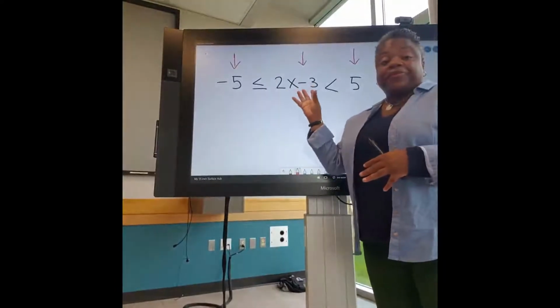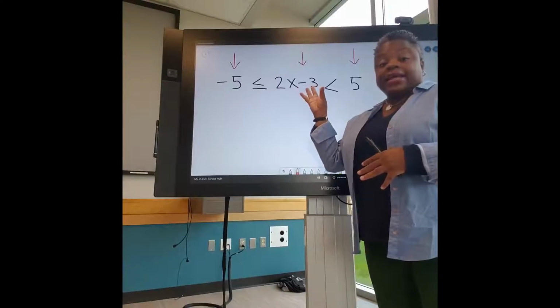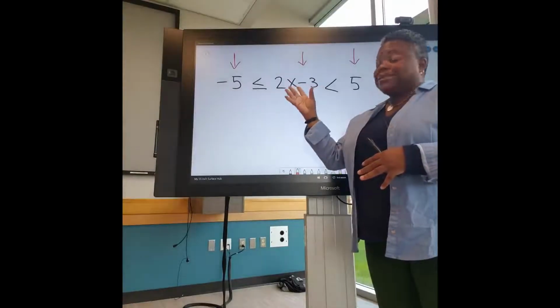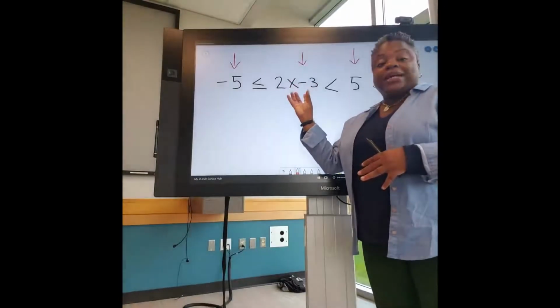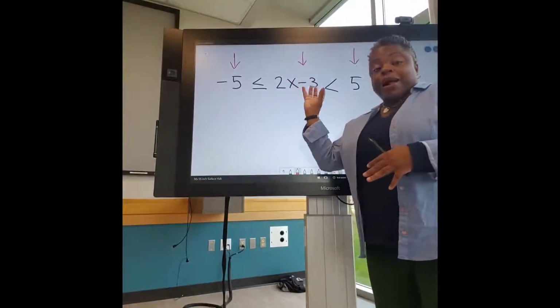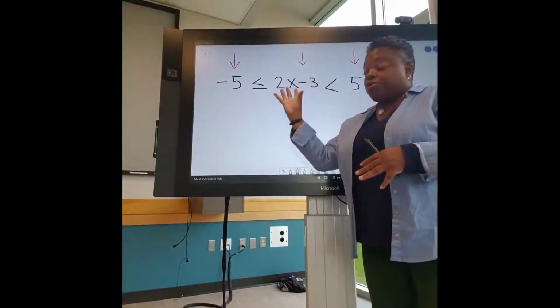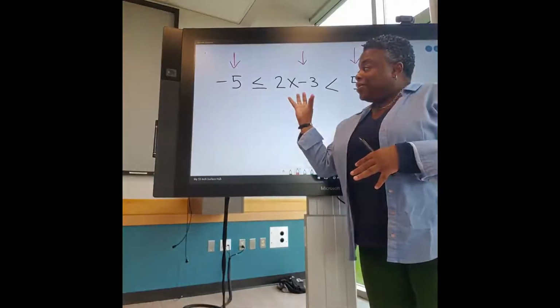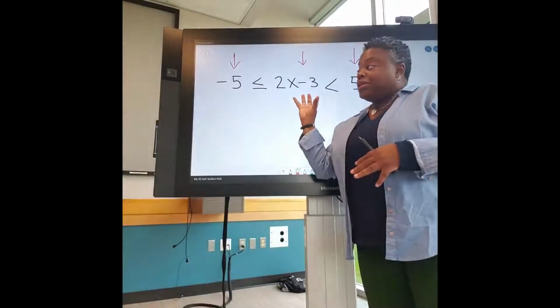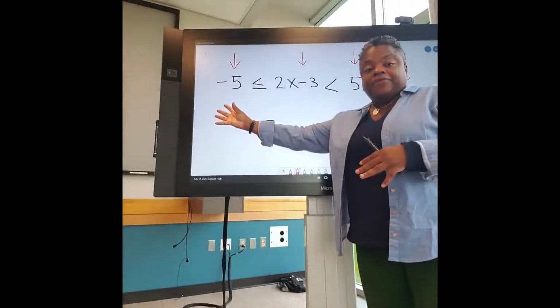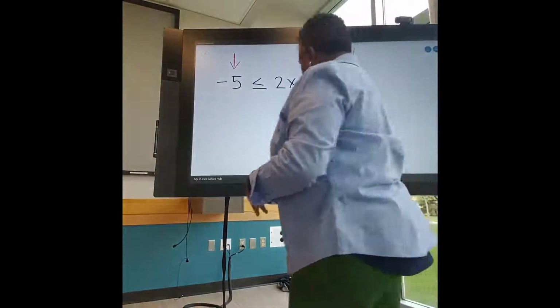So here I have a negative 3, 2x minus 3. So I need to move a positive 3. I'm going to take a positive 3 from my mother and give 3 to my kid on the left side.